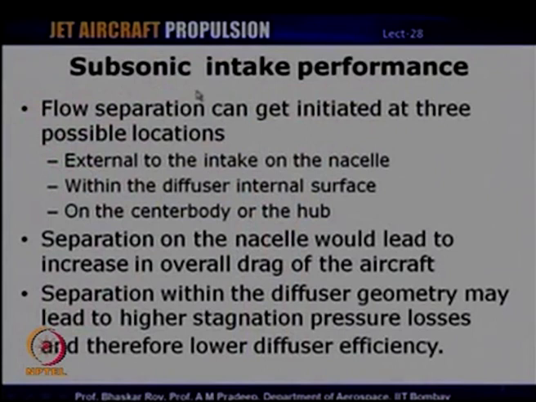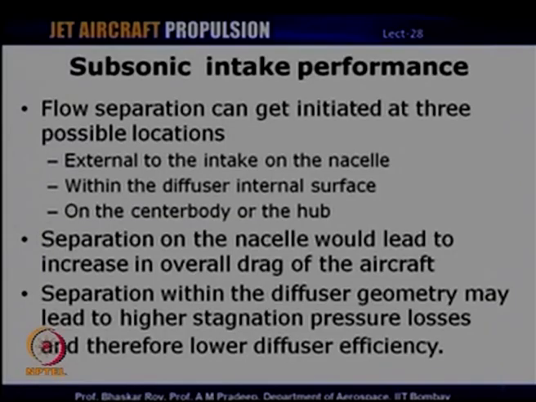So, there are certain operating conditions under which the intake might operate suboptimally, and there could be flow problems associated with operation of such an intake. Let us take a look at the possible regions of flow problems which a typical fixed geometry subsonic intake might encounter. There are three possible locations for flow separation in a typical subsonic fixed geometry intake.